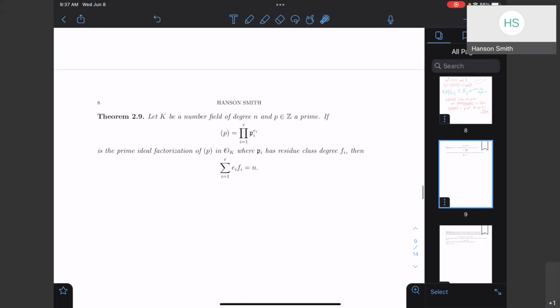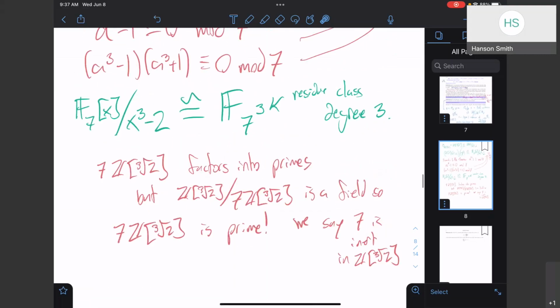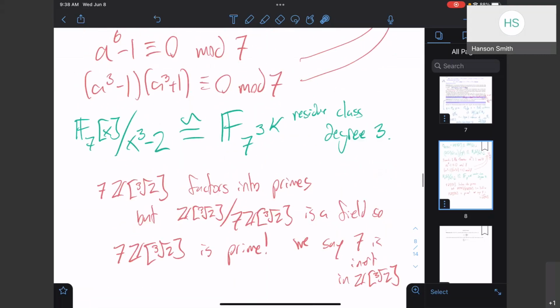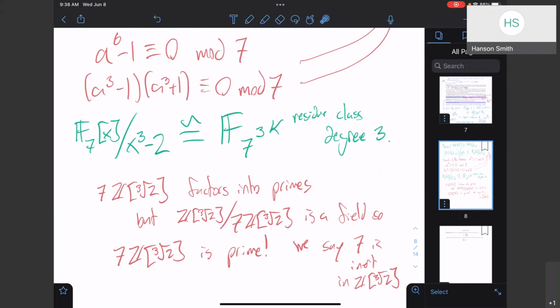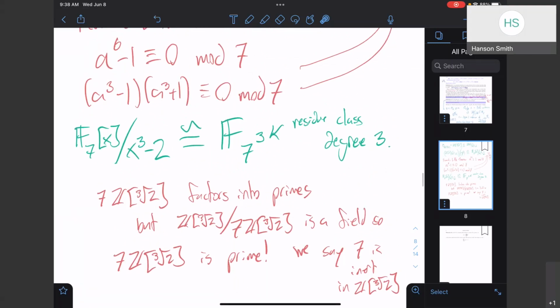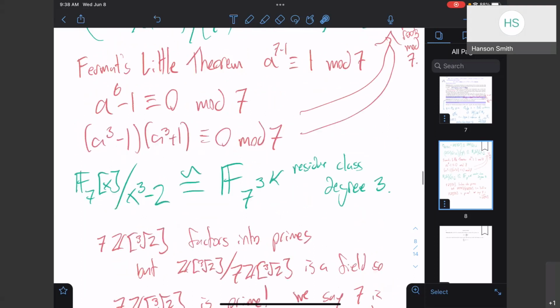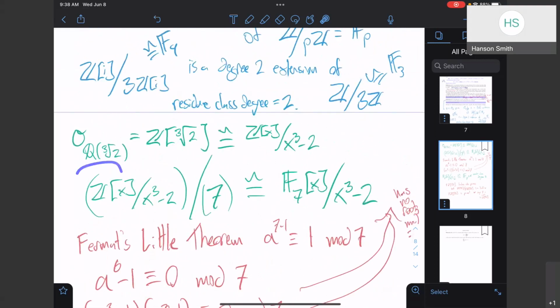So let's see if we can go back and see this a few times in the previous examples we've done. Right here, this has residue class degree 3, 7 stays prime, so 7 just factors as 7, and that has residue class degree 3, and that's great because this is a cubic field.